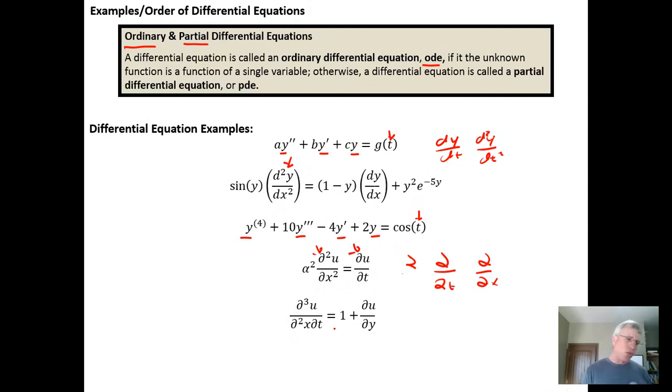Partial derivatives means that we're working with functions of more than one variable. So we can take derivatives of u with respect to either of the two variables. So this would be a partial differential equation, or PDE, because it has partial derivatives in it. And the partial derivatives, if you haven't experienced them yet, those are things that you're going to see when you start working with functions of more than one variable.